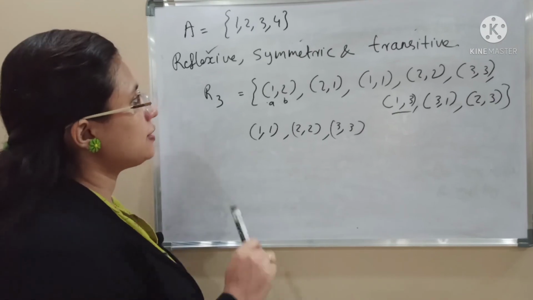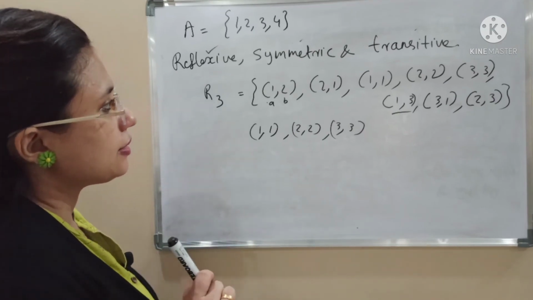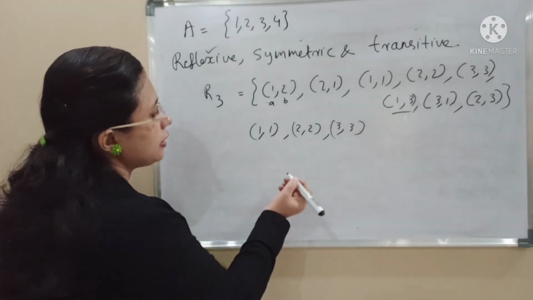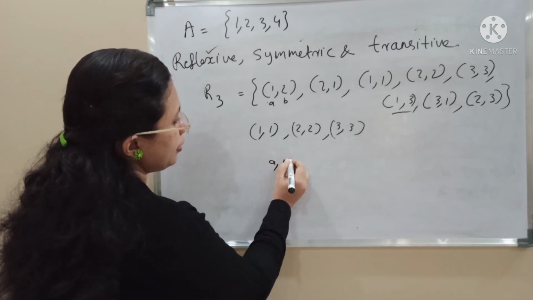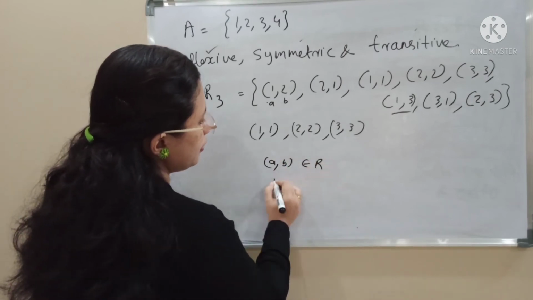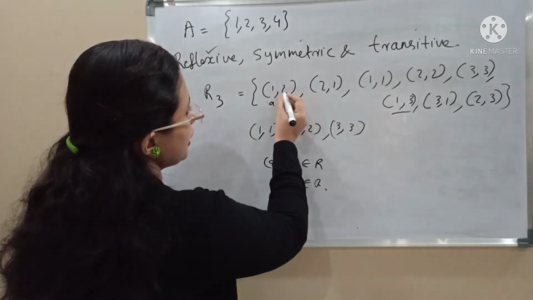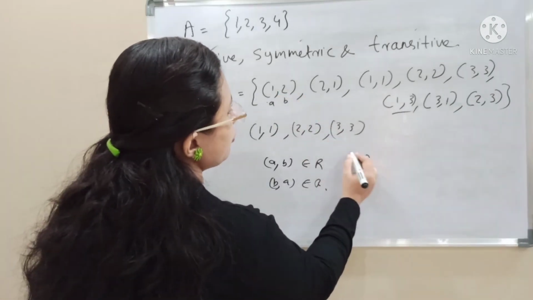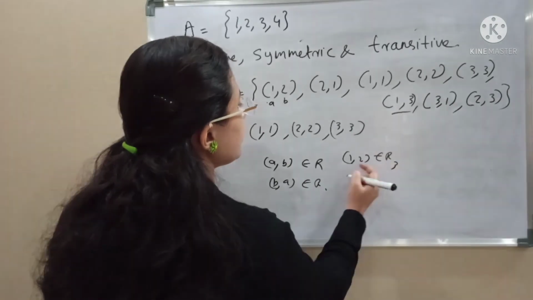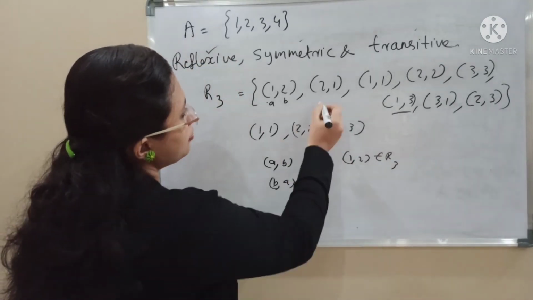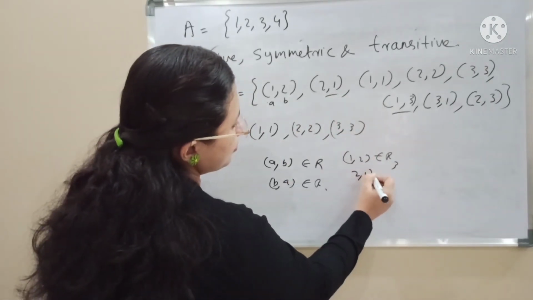Next condition is symmetric. Symmetric means if (A,B) belongs to R, then (B,A) should be there in R, right? So let's take (1,2). If (1,2) is there in R3, then (2,1) should be there in R3. So (2,1) is there.